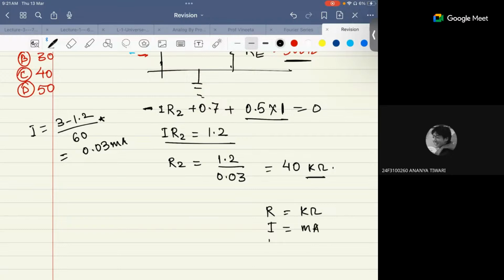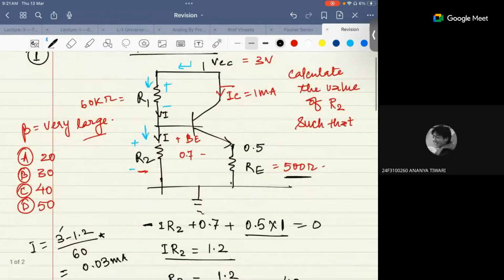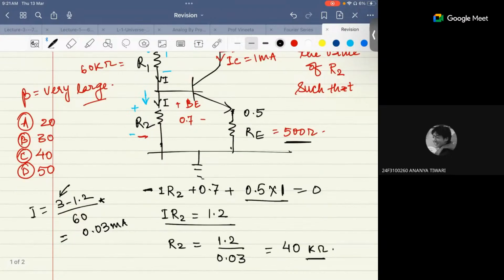The voltage will always be in volt. So here you wrote 3 volt, and 1.2 also is in volt, and this resistance is in kilo ohm. So you will always get the current in milliampere. Whatever value you get, let's say 1.8 upon 60, that will be in milliampere.